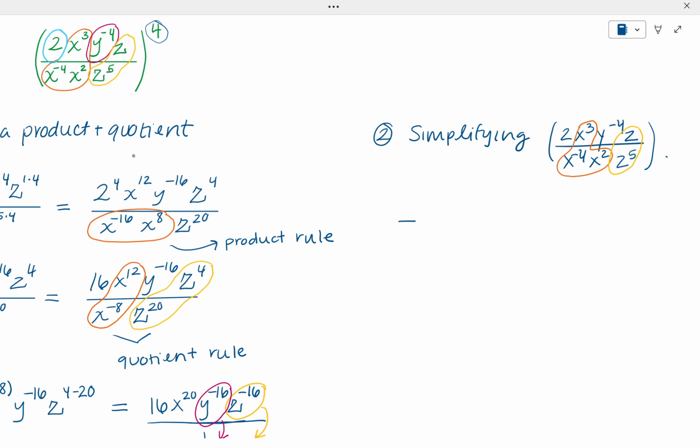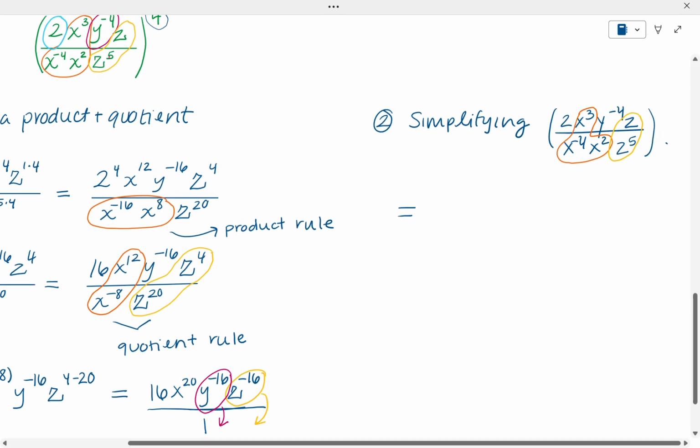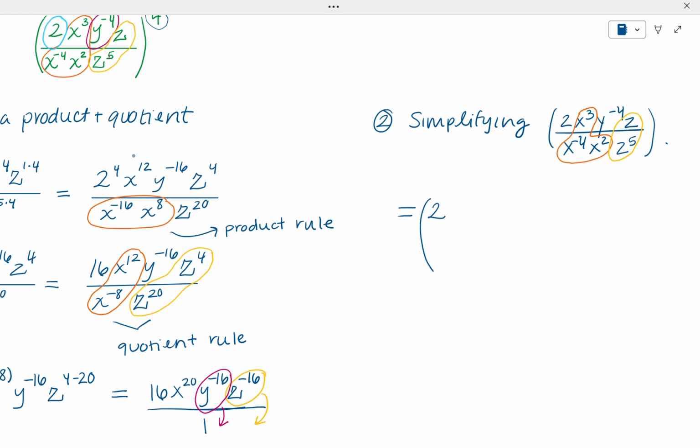So this becomes 2 to the x cubed, y to the negative 4th, we still have z, over, we're first going to do the product rule in the denominator. So this becomes x to the negative 4 plus 2 times z to the 5th.